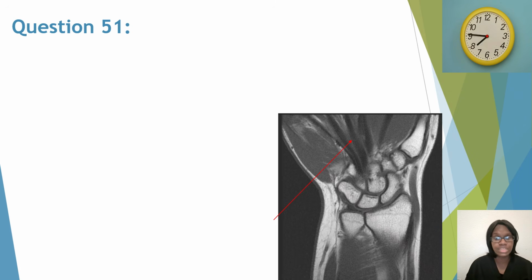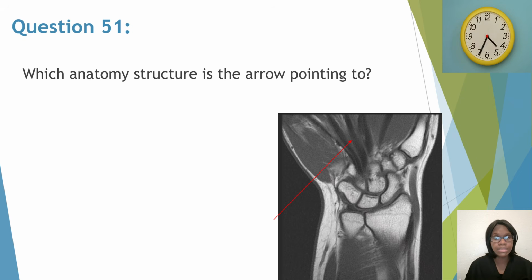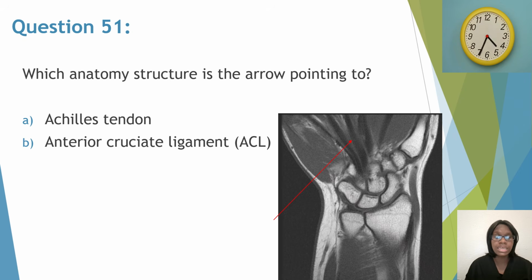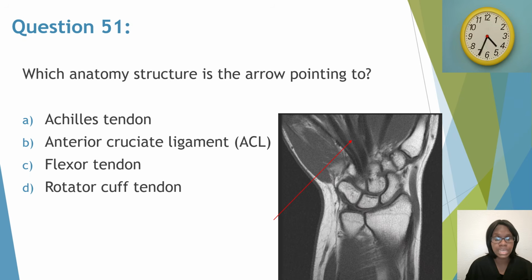All right, so question 51. Which anatomy structure is the arrow pointing to? A. Achilles tendon. B. Anterior cruciate ligament. C. Flexor tendon. D. Rotator cuff tendon.